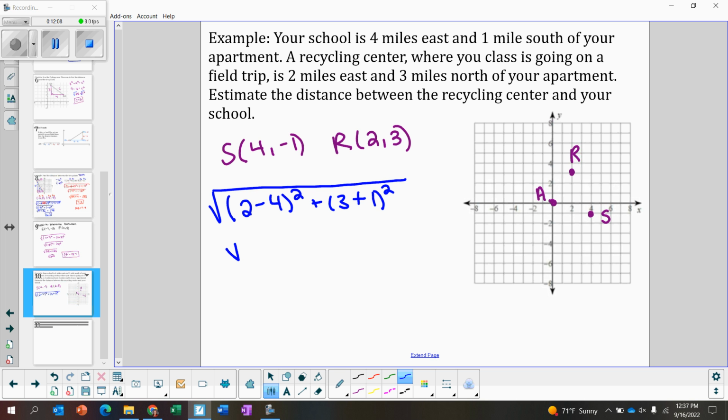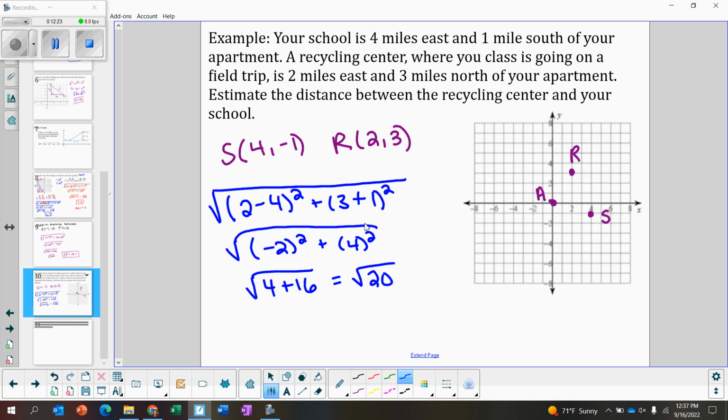So that's going to be -2 squared plus 4 squared, or 4 plus 16, which is the square root of 20. And if I take the square root of 20, I get 4.5. And because everything was in terms of miles, it's 4.5 miles.